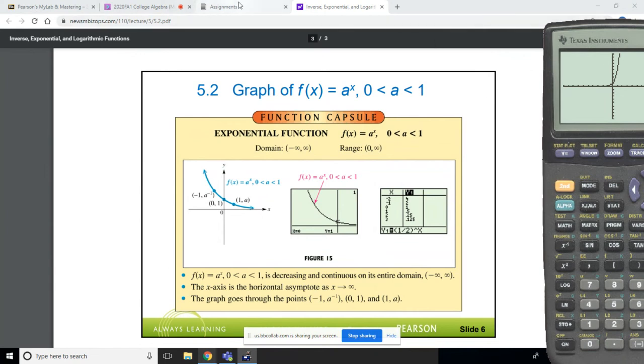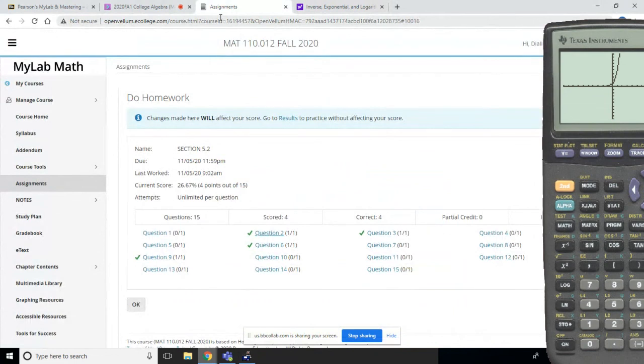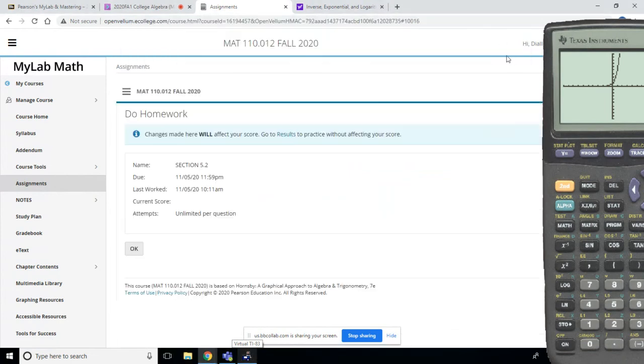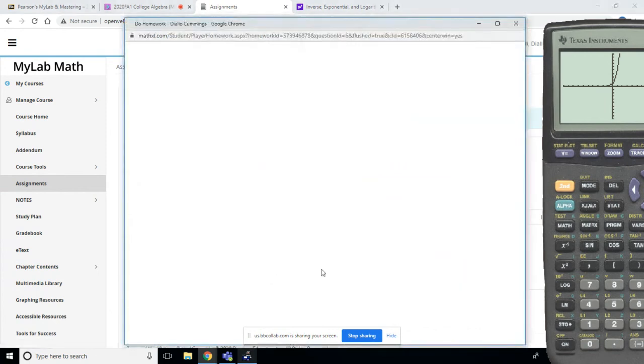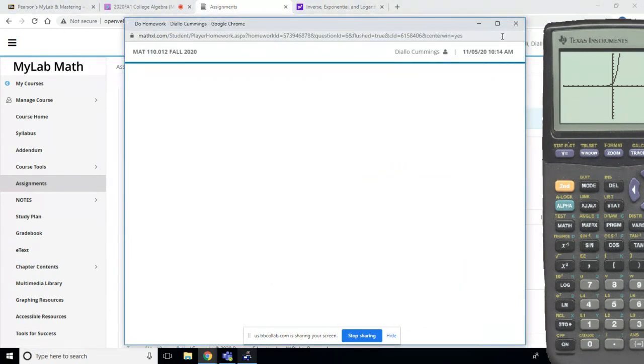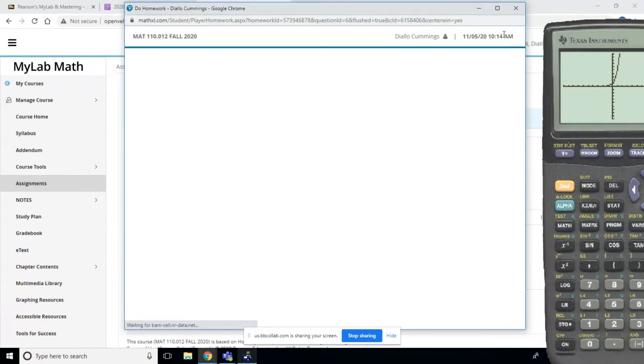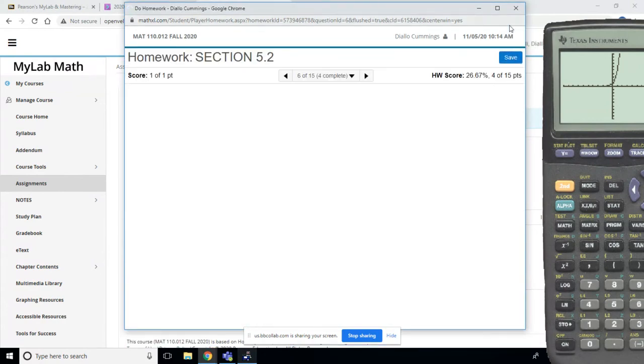I'm going to go back to our homework assignments, and we'll take a look at problem number 6. So keep in mind all of the transformations we talked about so far. To move a function up, you would add to the function.